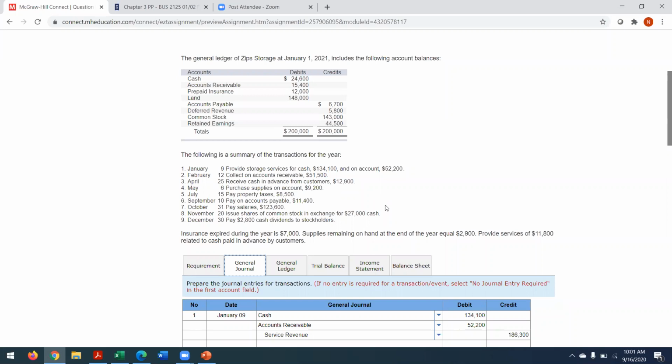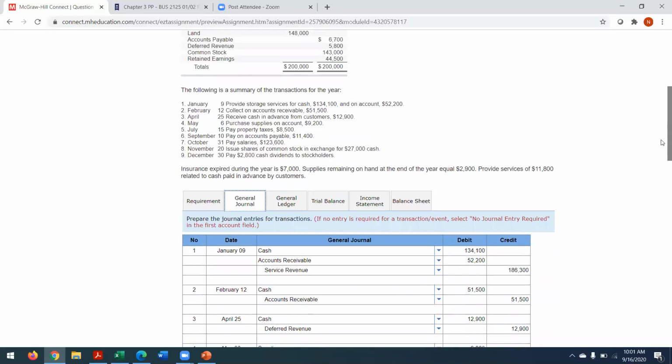Debit what? Cash. Credit common stock. Excellent. December 30th, pay 2,800 cash dividends to stockholders. Debit dividends, credit cash. Awesome.